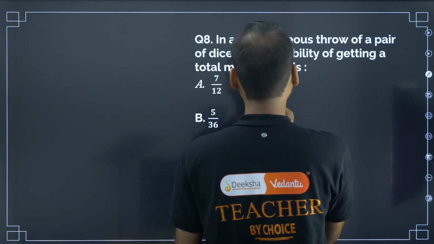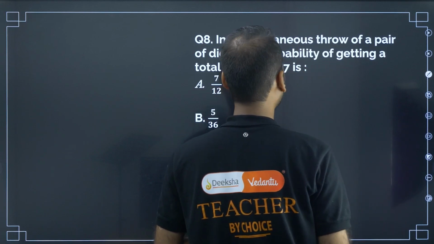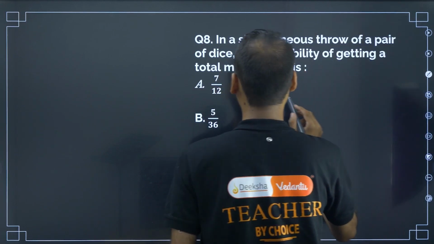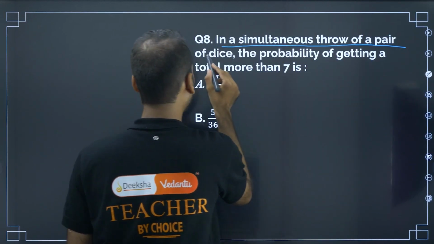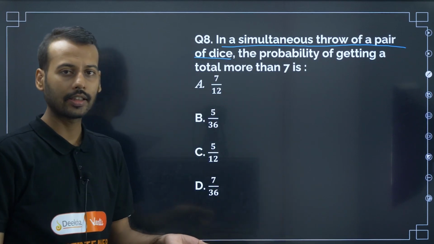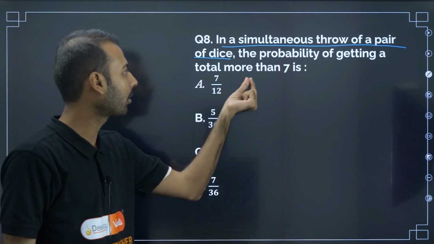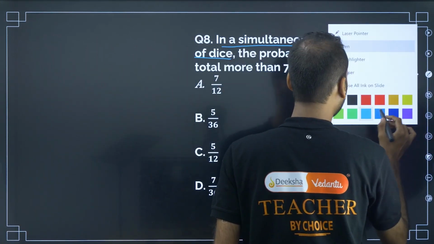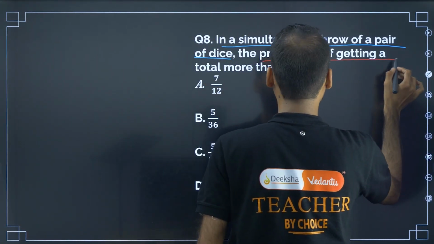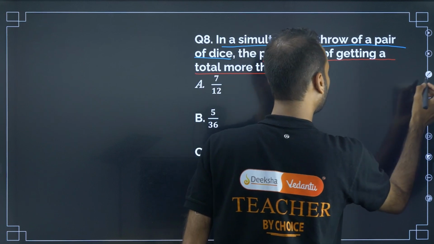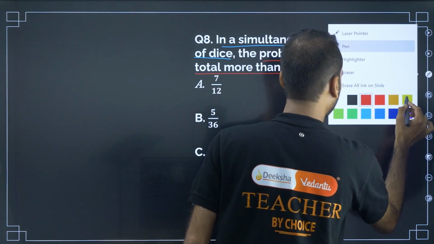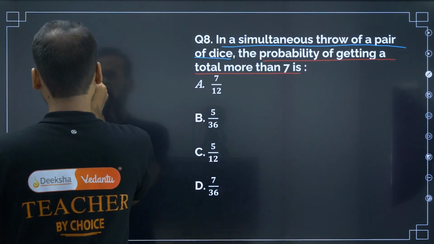In a simultaneous throw of a pair of dice, that is the random experiment they are performing. The probability of getting a total more than 7 is the question. For that, let me write the sample space.